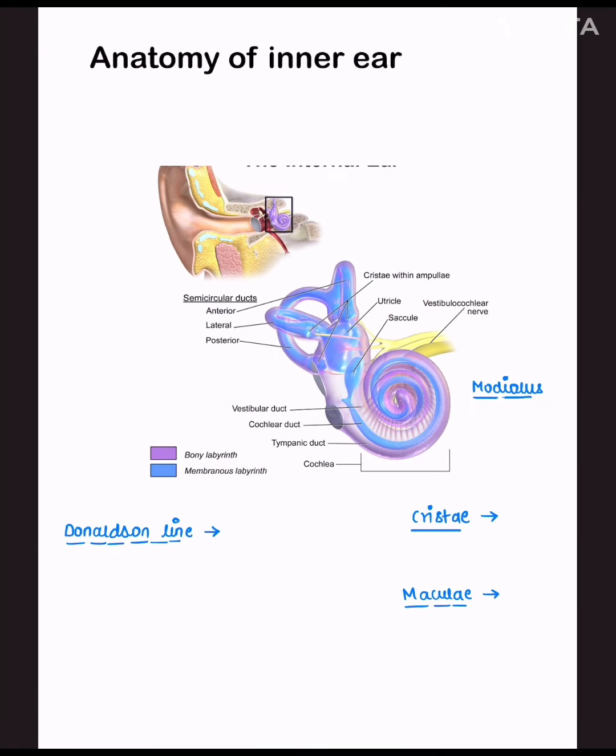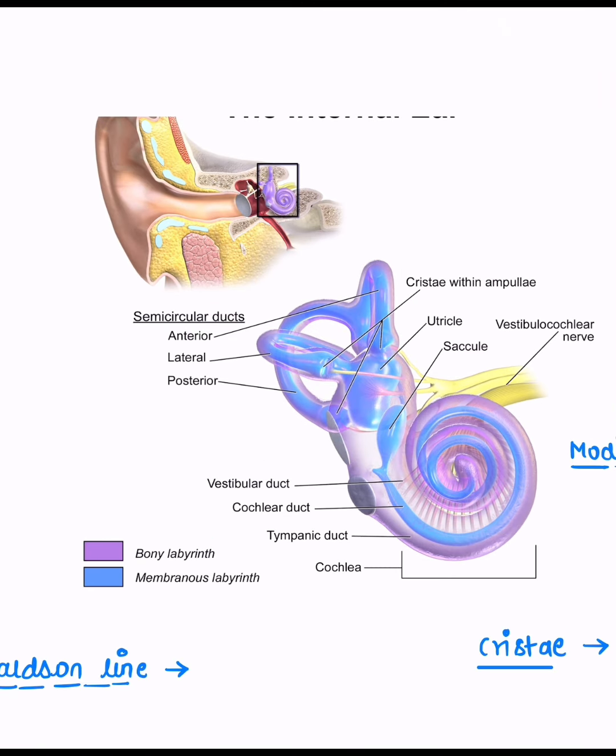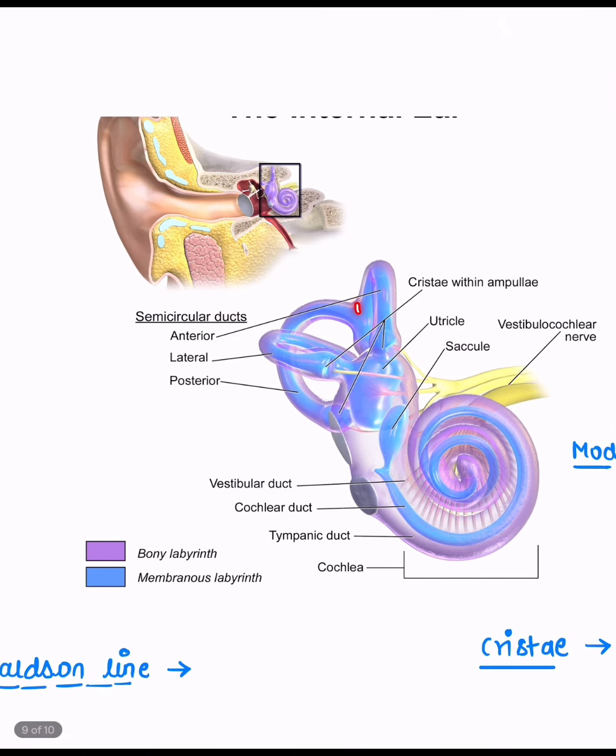Next, we are going to see about the anatomy of the inner ear. The inner ear comprises 3 semicircular canals, namely the superior semicircular canal, the posterior semicircular canal, and the lateral semicircular canal, also known as the horizontal semicircular canal.